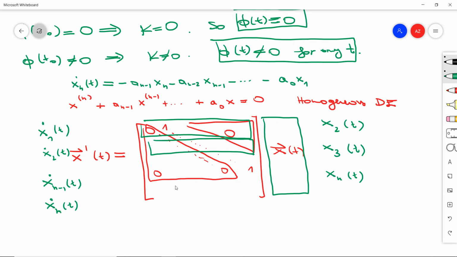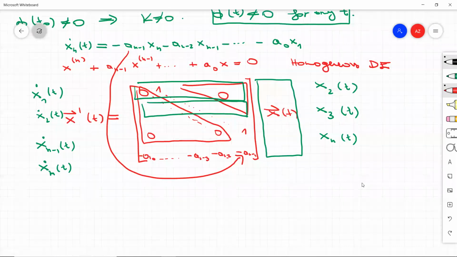So we plug those coefficients in the last row: an minus 1 is here, then an minus 2, an minus 3, and so on, a0. This is what we said last time.